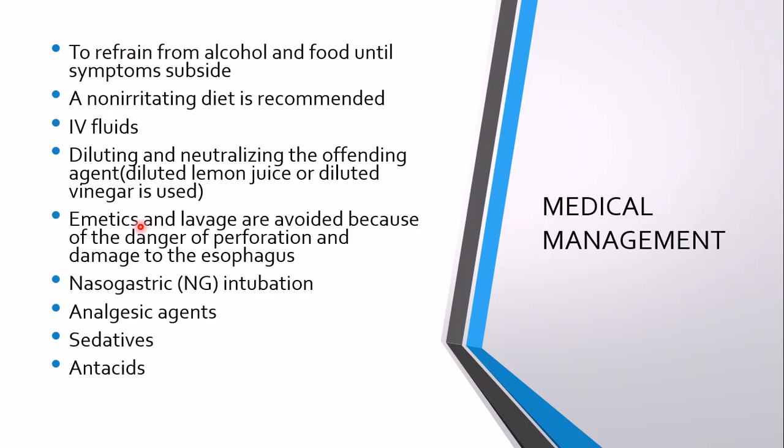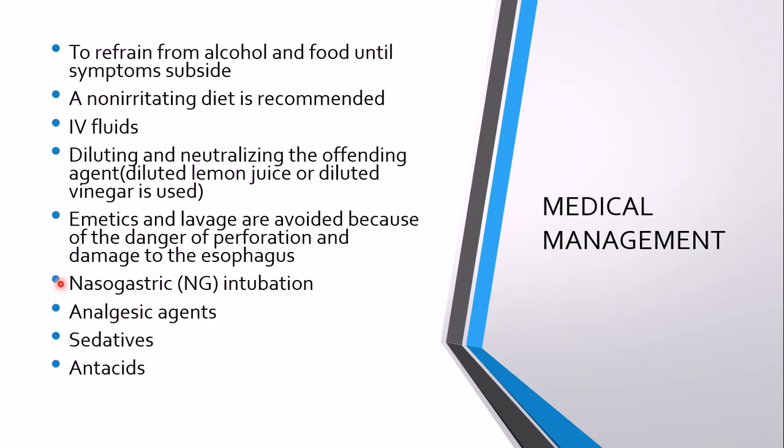Why do we avoid these two things? Because there is a possible danger of perforation, or we may damage the esophagus, or we may further damage the stomach lining by doing these two things, because we don't want that person to have a more severe, worse condition. So we avoid these two things.